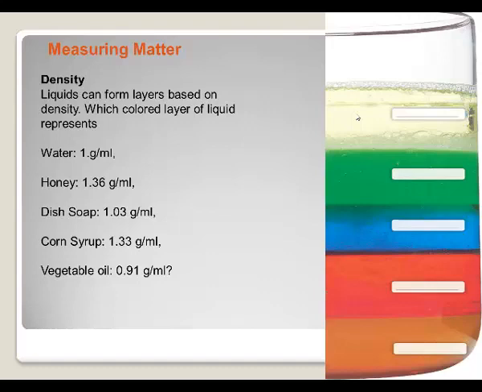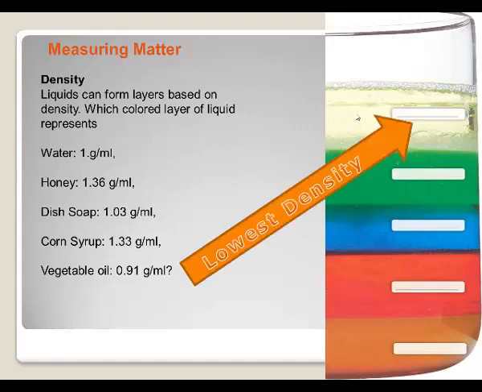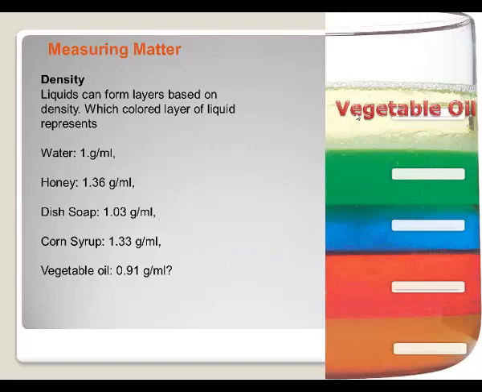The substance with the lowest density is going to float. And it's going to float on top of all the other substances. So the lowest density is vegetable oil of 0.9 grams per milliliter. So vegetable oil is going to be on the top. Now take a minute, put the remaining in order based on their densities.